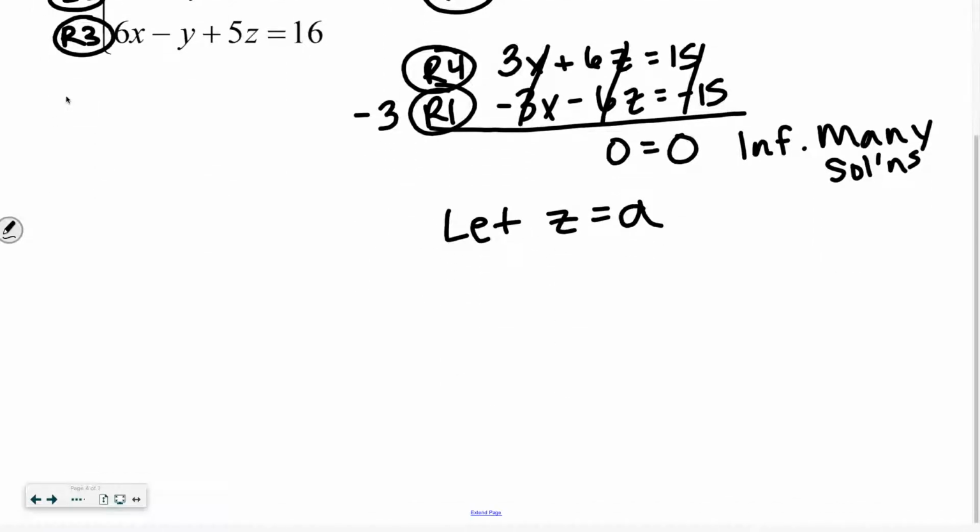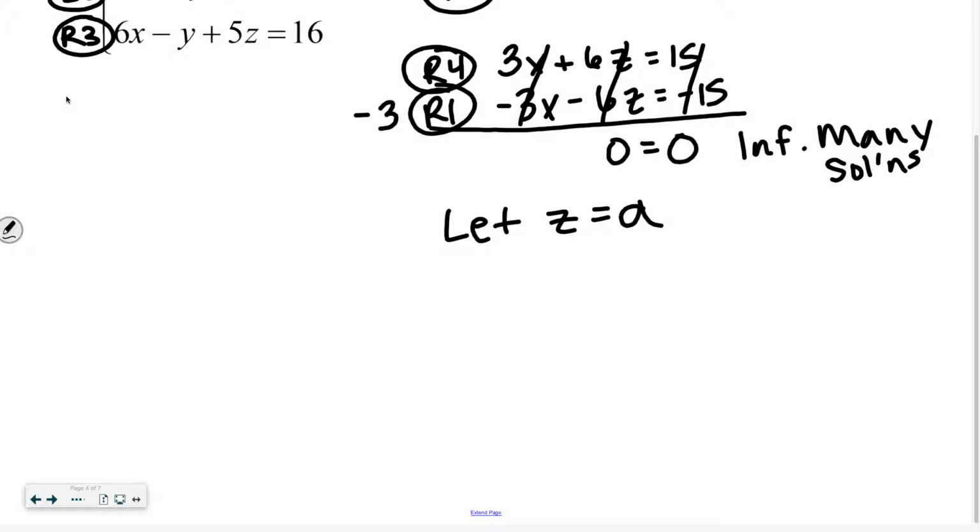Now you sound like a real mathematician when you use the word let. Let z equal a. Now, could you have said let x equal a? Yes, totally fine. So it's not like when you're doing your homework, you have to choose one or the other. I will say that the majority of the time, the back of the book lets z equal a.